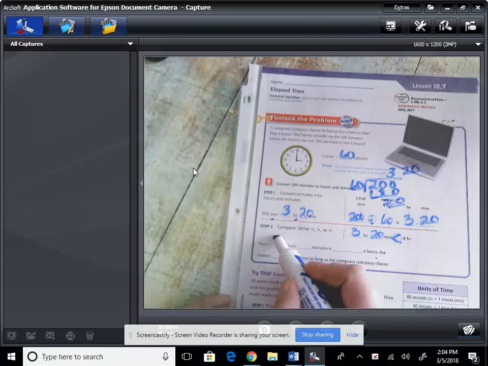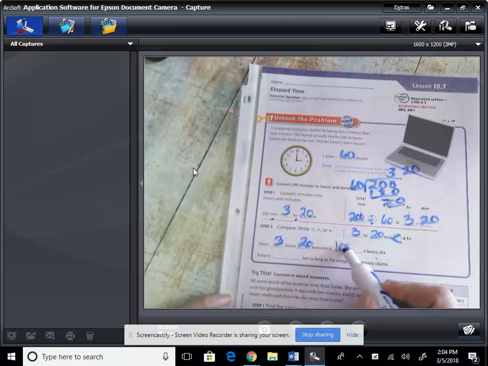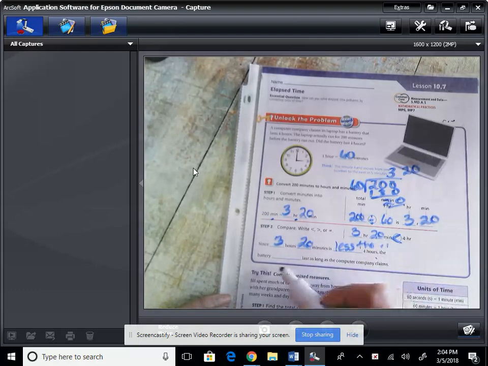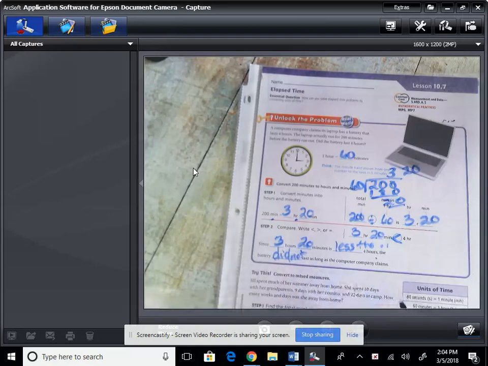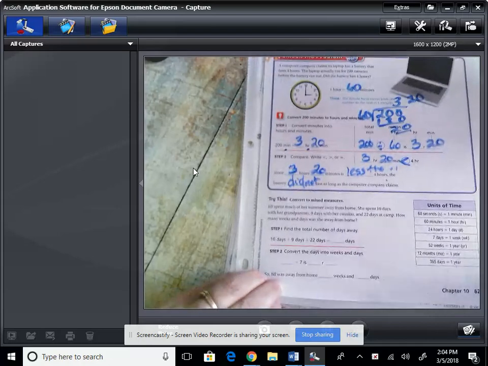Since 3 hours and 20 minutes is less than 4 hours, the battery did not last as long as the company claimed. They claimed 4 hours and it was really 3 hours and 20 minutes. Okay, moving down.